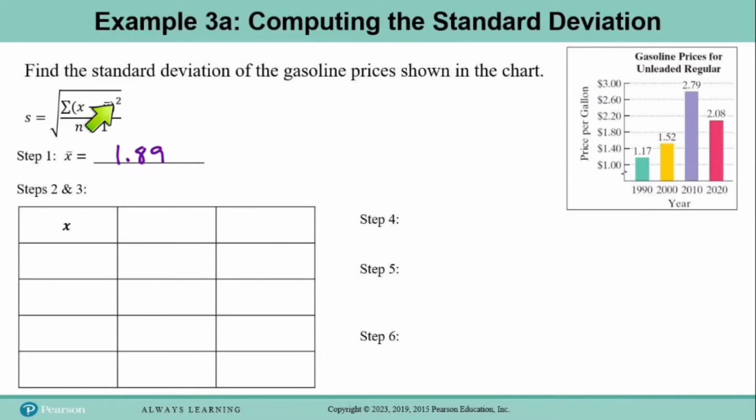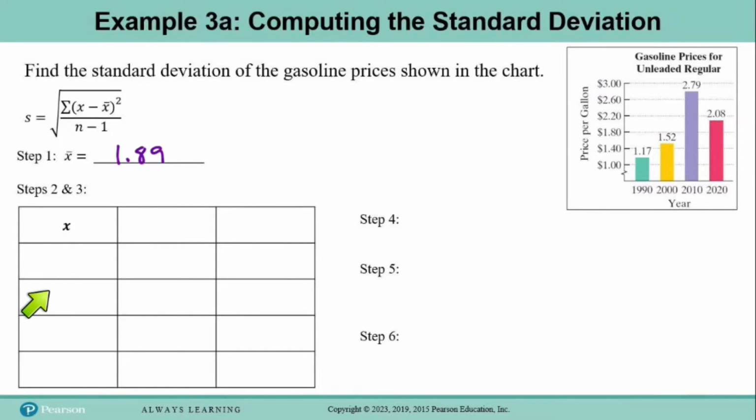Okay, now the next 2 things that we have to do are calculate a deviation for each data value and square the deviation for each data value. And the easiest way to do that is in a little table like this. So I've got us this little table, and what we're going to do is copy our 4 data values down here in the left column.